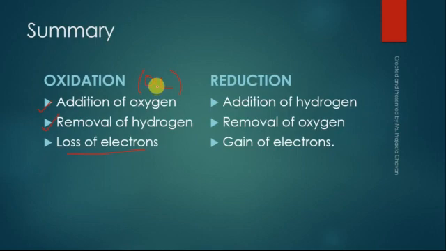Oxidation is loss of electrons. So OIL ऐसे आप याद रखो. और reduction में क्या होता है? It is addition of hydrogen or removal of oxygen, or we can say gain of electrons. For this you may remember the word RIG, R-I-G. That is reduction is gain of electrons.